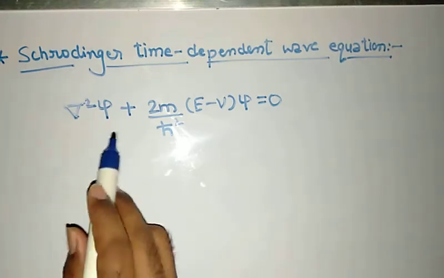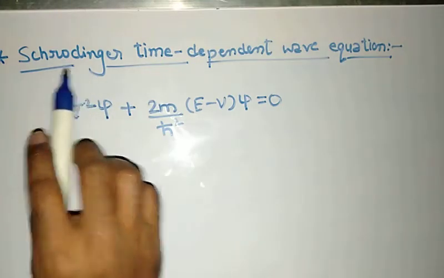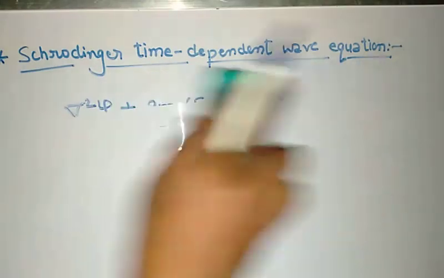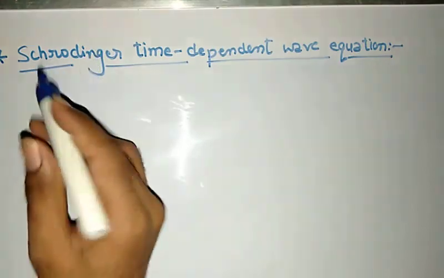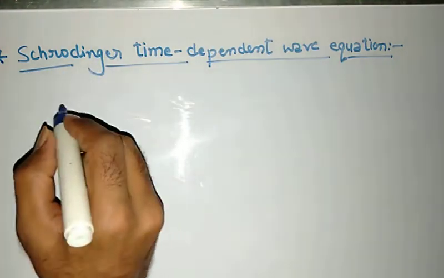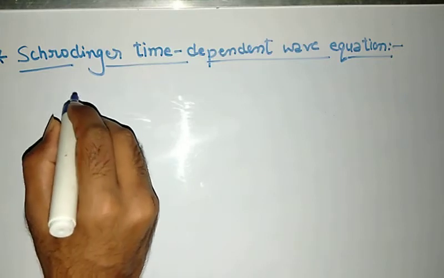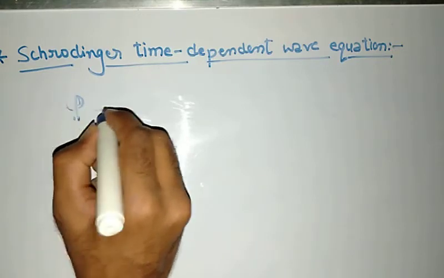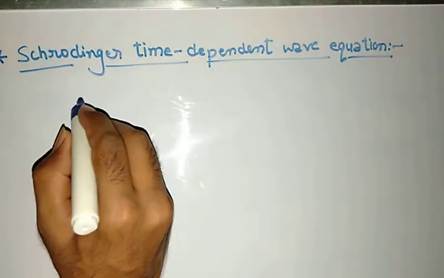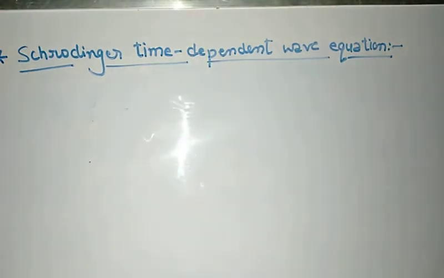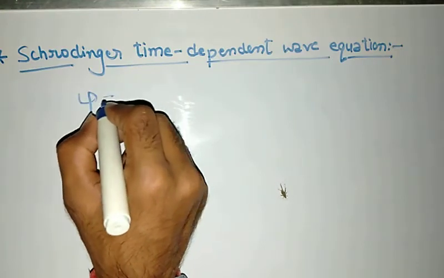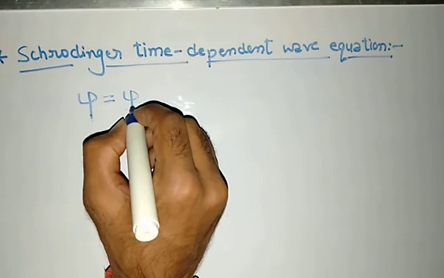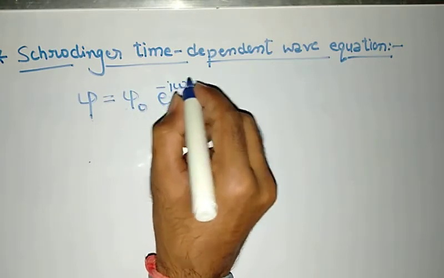You may find the link. But here we have to derive the Schrodinger time dependent wave equation. So for that we will consider psi again in that format, psi is equal to psi naught e power minus i omega t.